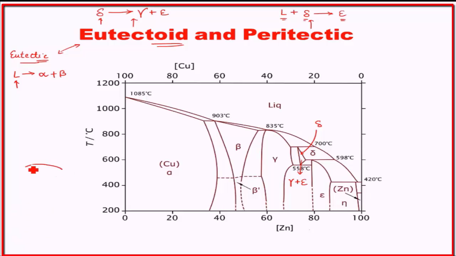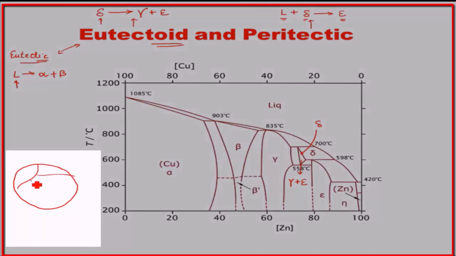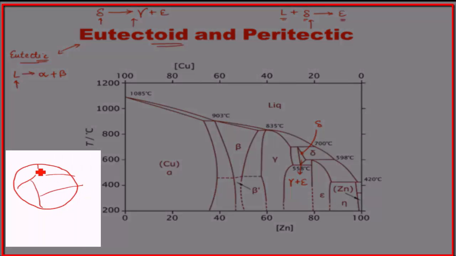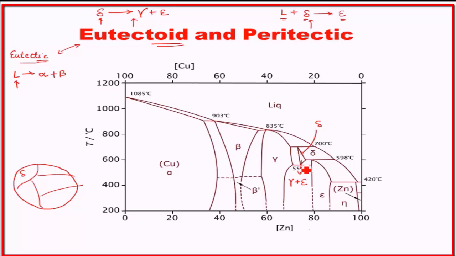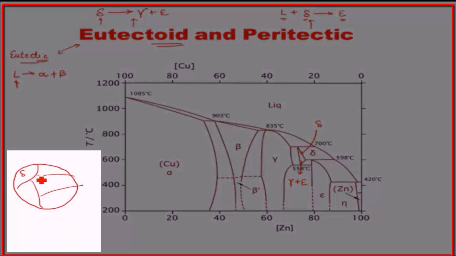So what will happen here is, suppose to begin with we had the delta phase. Once we cool it to the eutectoid temperature, nucleation will take place at the grain boundary, because the energy required for nucleation at the grain boundary is lesser than that required for bulk nucleation.